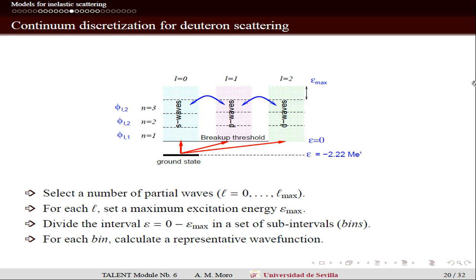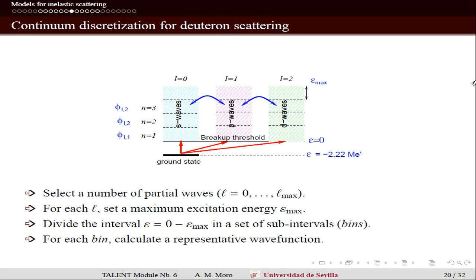Then for each of these partial waves, we have to select a maximum excitation energy. Again, this is chosen according to the kinematics of the reaction. So if we are studying deuteron on nickel at 80 MeV, in the center of mass this is 70 something MeV. So clearly, it will be difficult to excite up to such high energy.